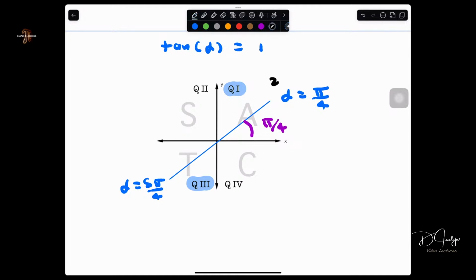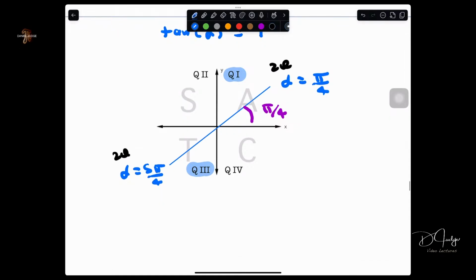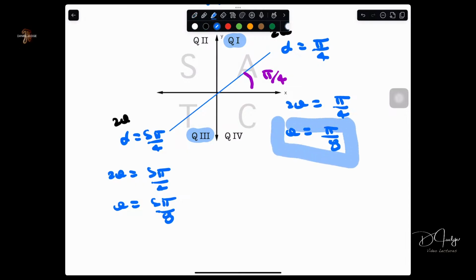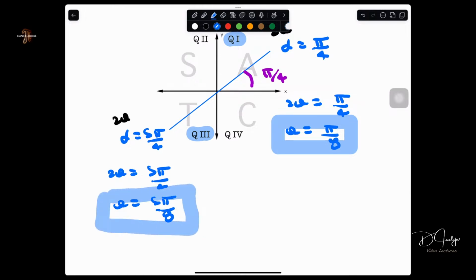But don't forget, alpha is double theta. So 2 theta becomes pi over 4, or theta will be pi over 8. 2 theta is 5 pi over 4, theta becomes 5 pi over 8. These are your two solutions here, pi over 8 and 5 pi over 8.